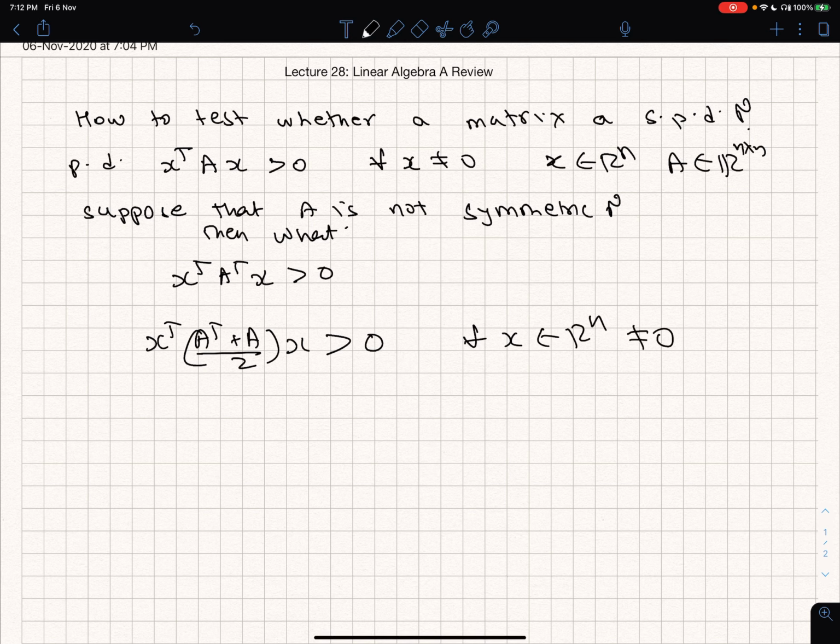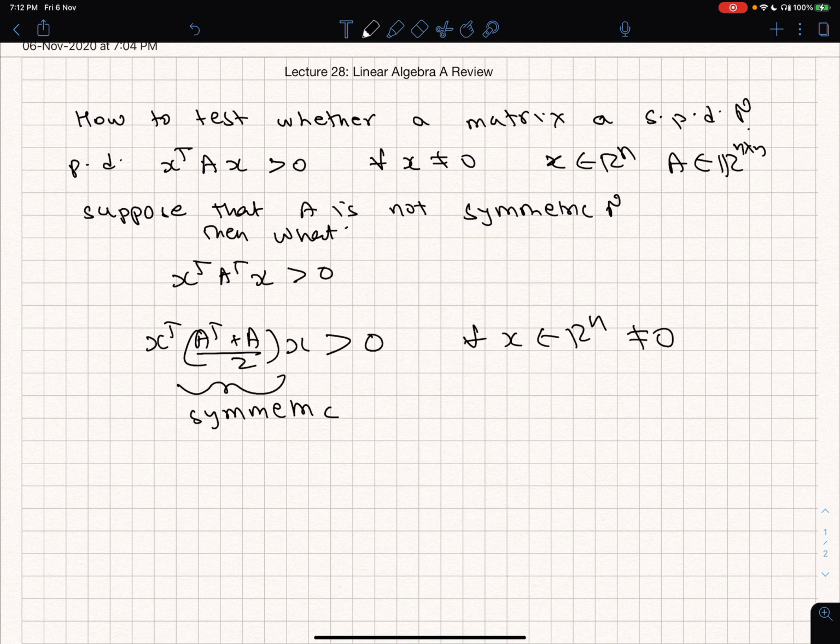So therefore, if A is not symmetric, all you need to do is take (A plus A transpose)/2, and this is a symmetric matrix. And then whatever I am teaching you for symmetric matrices, you can apply it to test the positive definiteness here.